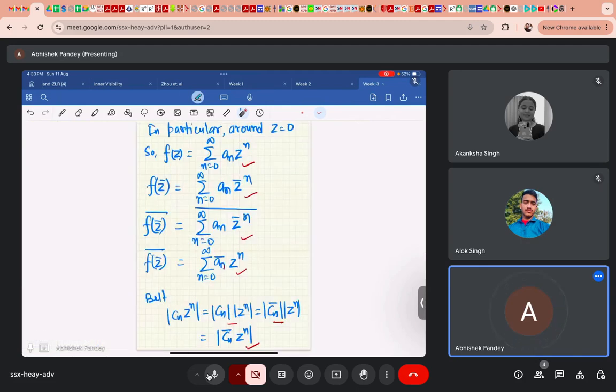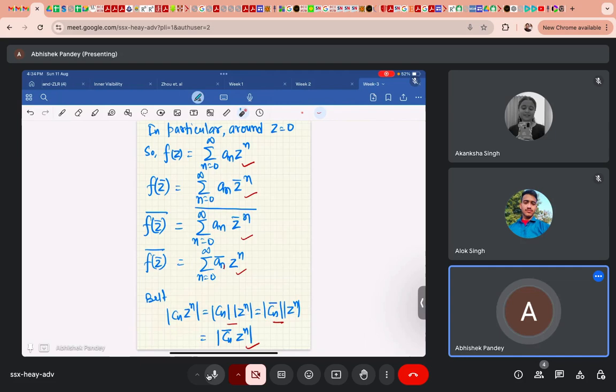Now this thing, let us say a_n bar is equal to c_n. So what would this be? This will be nothing but the modulus of c_n into z to the power n. It will be modulus of c_n bar into modulus of z to the power n. What is modulus of c_n bar?